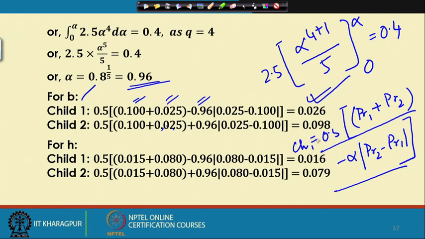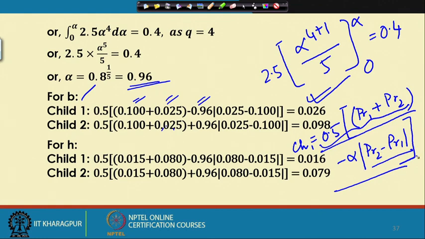To determine the child solution, first we consider the average of the two parents, and that is nothing but 0.5 multiplied by parent 1 plus parent 2. This will give the average of these two parents. Now, I find the difference between the two parents, that is PR2 minus PR1, it could be either positive or negative.